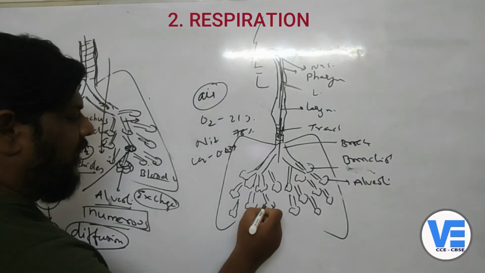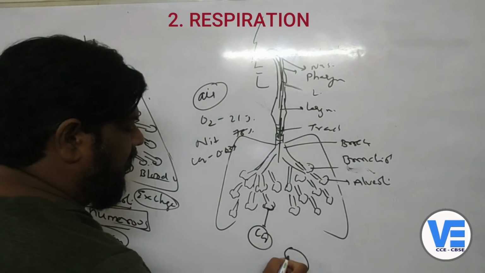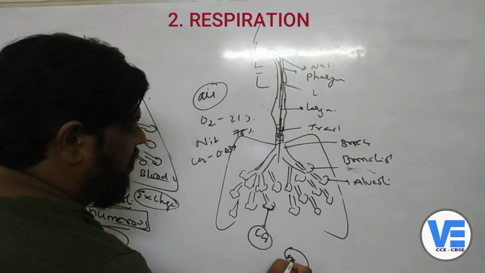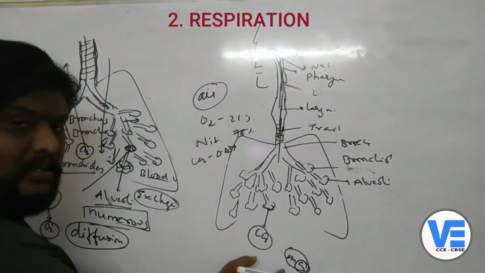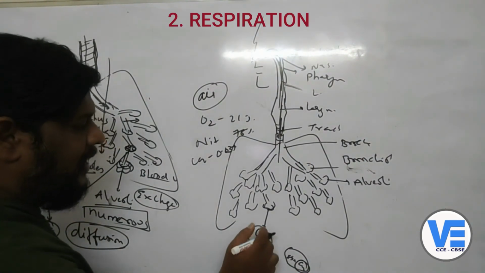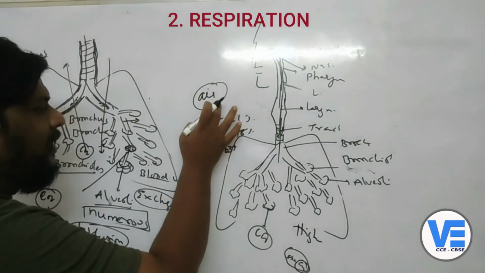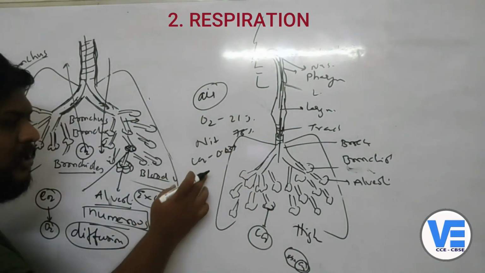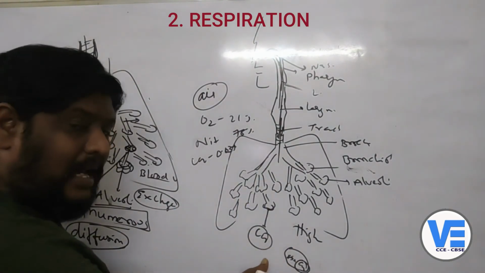Now this alveoli will be full of carbon dioxide. That means if this is an alveoli, around 80% of it will be completely filled with the carbon dioxide. That means the carbon dioxide in the alveoli is higher than that of the carbon dioxide which is in the air. So where carbon dioxide is higher, it is in the alveolus.